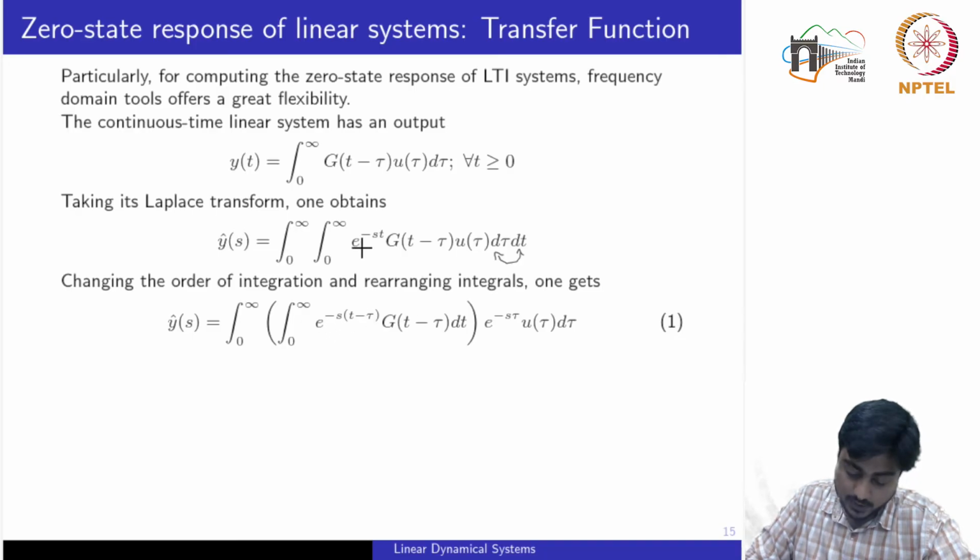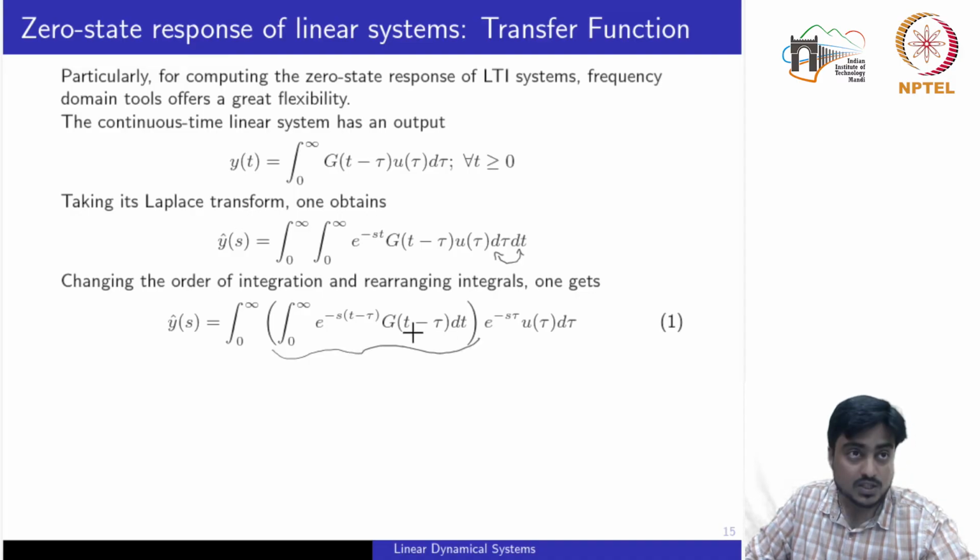In the above equation we had e to the power minus st. Since we have introduced e to the power s tau here, we need to cancel it out by e to the power minus s tau. So we club these two terms into one, and these two terms into another. If we pay close attention to the inner integral, this defines basically the Laplace transform.